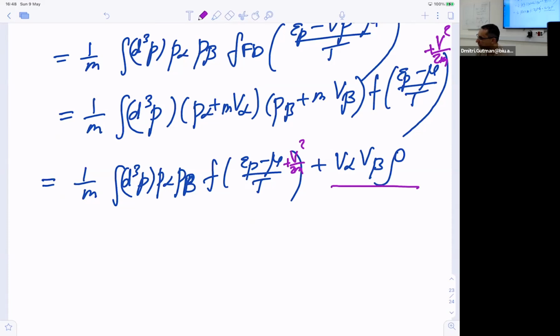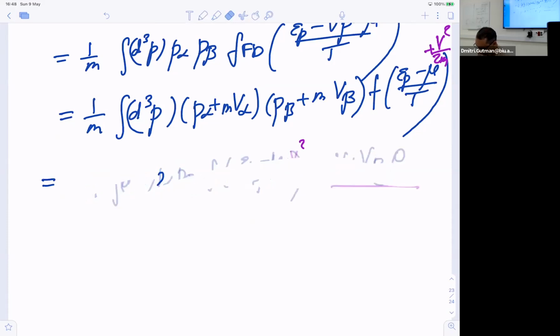So this rho is a function of, okay, let me write, let me slow down. So we have here two types of terms.